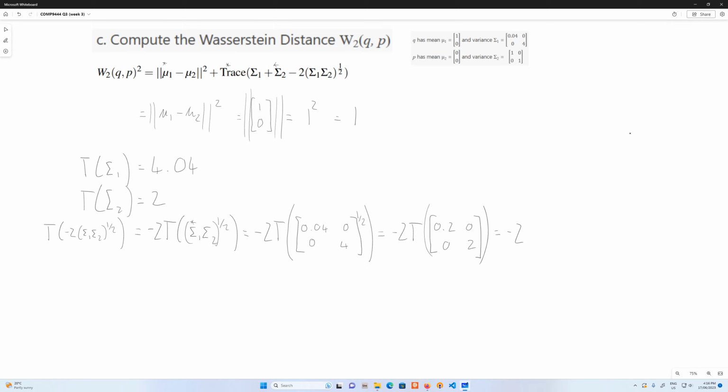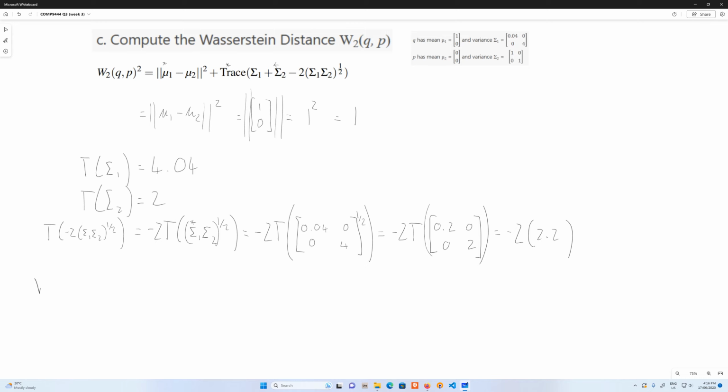And we can see that that will be 0.2 plus 2 comes out to be 2.2. Cool. So now we've actually got all of the things we need for the right-hand side of the equation here. So let's go ahead and put it all together.